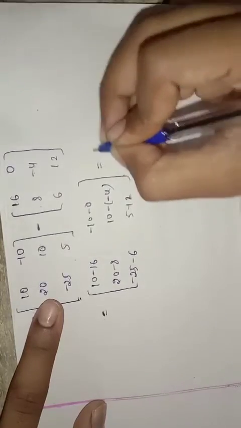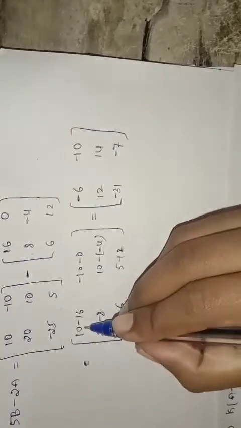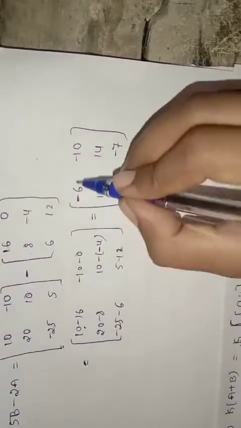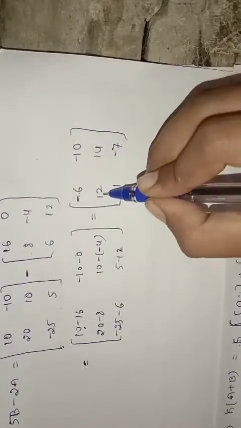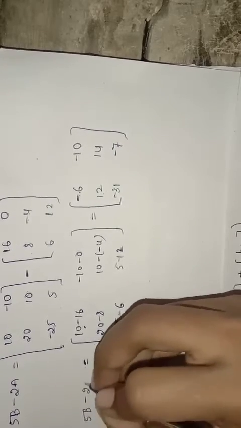So let's see the answer for this matrix. If you do all these things, you will get this matrix, that is minus 6, minus 10, 12, 14, minus 31, minus 7. That is 5B minus 2A.